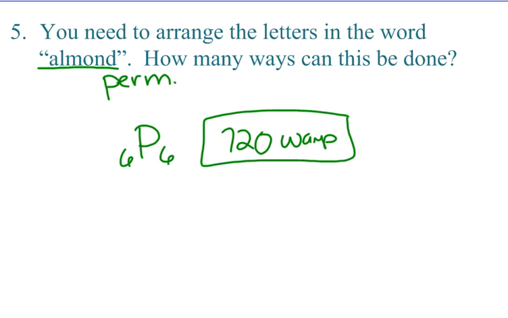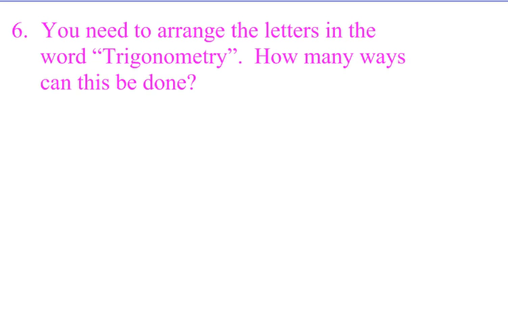Now we get to the next one, and these are kind of right off your objectives. The next word they want me to arrange is trigonometry. How many ways can this be done? First of all, I have 4, 8, 12 letters in trigonometry. So there's 12 letters. And again, this is a permutation, right? I do have some repeats, though.